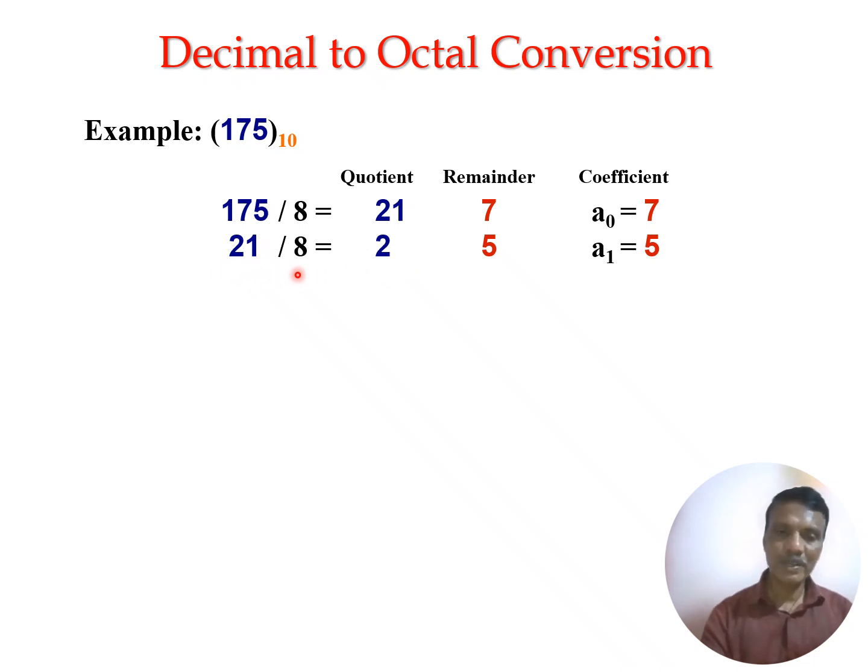So 21 divided by 8, quotient is 2 and remainder is 5. The remainder is taken as the next coefficient. And now 2 divided by 8 is 0, and the remainder is 2. Take this as the next coefficient.